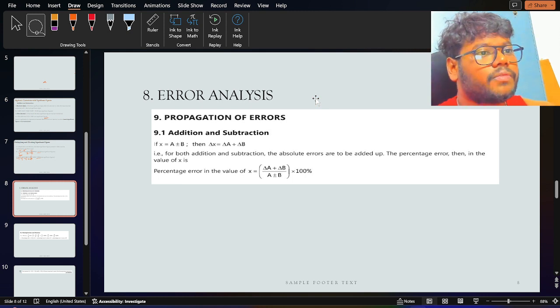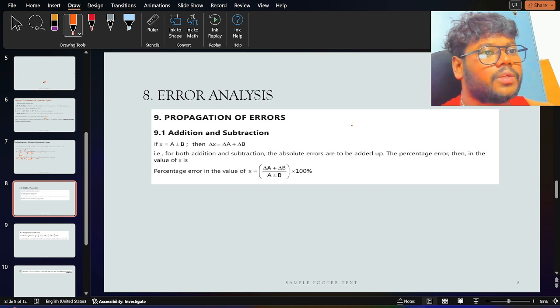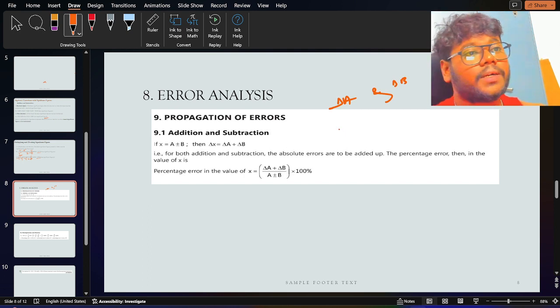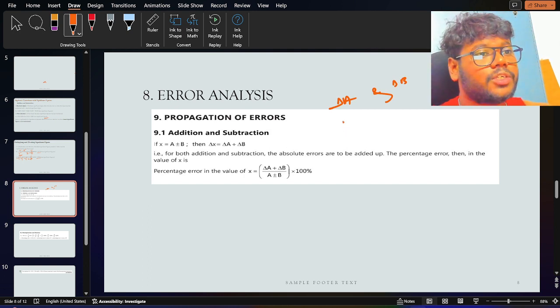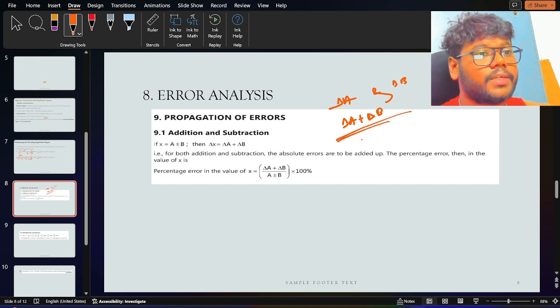So let's see the addition and subtraction first. Whatever the error is, let's say delta A for A and delta B for B. The total error would be the sum of these two errors if we are simply adding or subtracting the quantities.